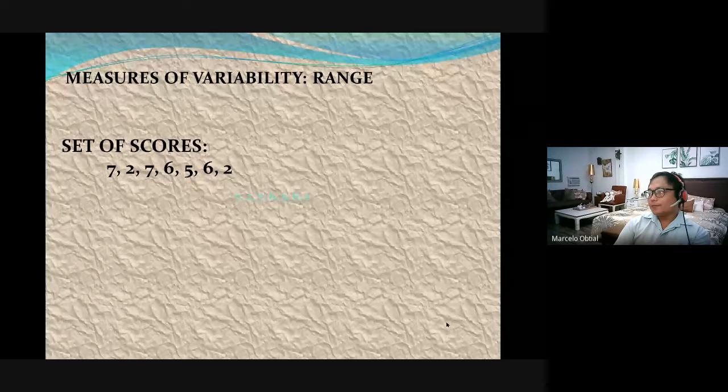Okay, very good. That's a correct answer, no? Because you're disregarding the rest of the data. Importante lang yung highest is 7 and lowest is 2. If you will apply that in the real world, for example, ano kayo pakiramdam ng estudyante? Nag-quiz kayo, one of your professors nagbigay ng 100 points na quiz. Highest, 100, naka-perfect.